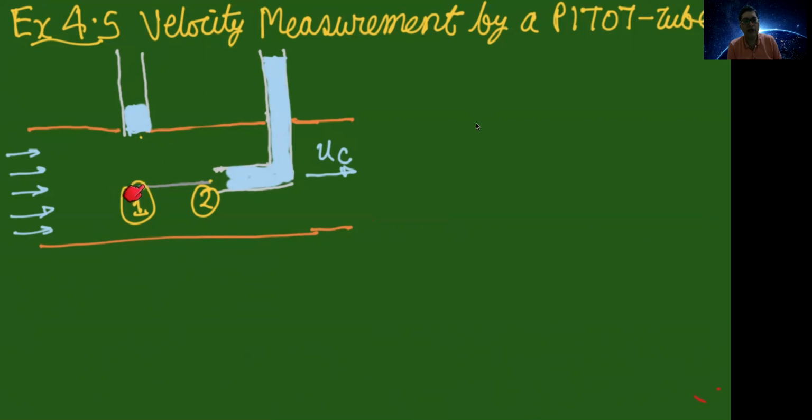Now, when a fluid particle moves along the streamline from 1 to 2, since it realizes that in this pitot tube the fluid is stationary, it starts decelerating, and at this point, it's called a stagnation point. The fluid comes to rest. So its kinetic energy is slowly reducing. The height is same, so the potential energy is same.